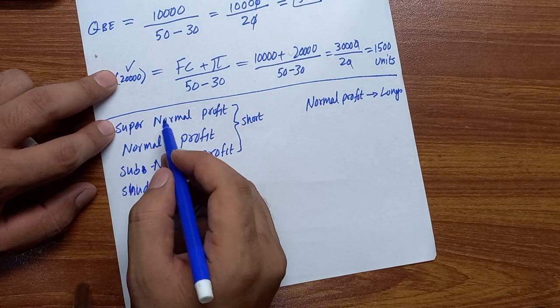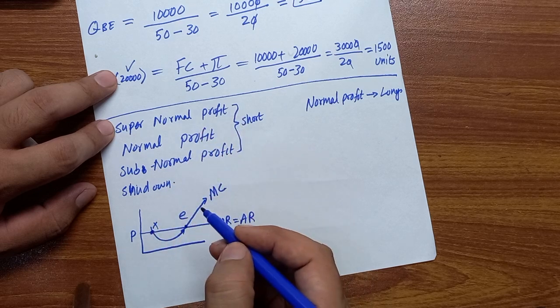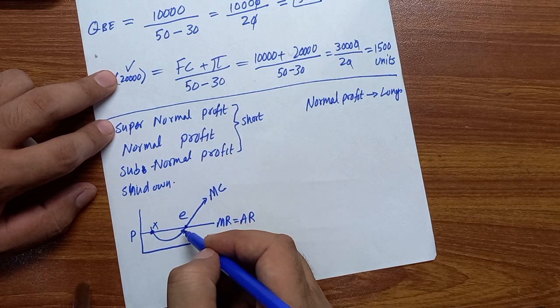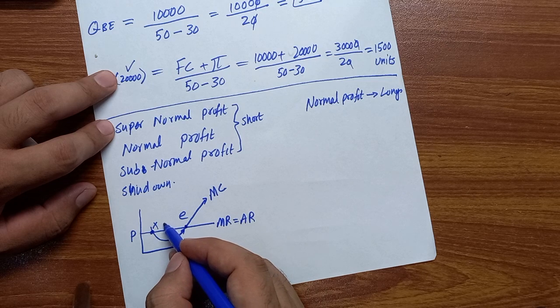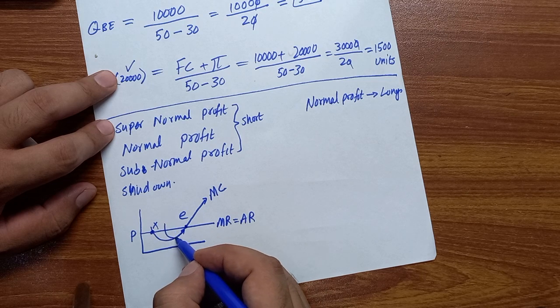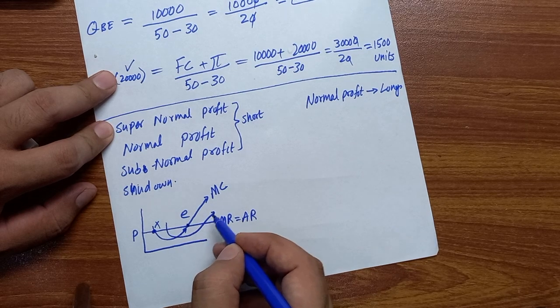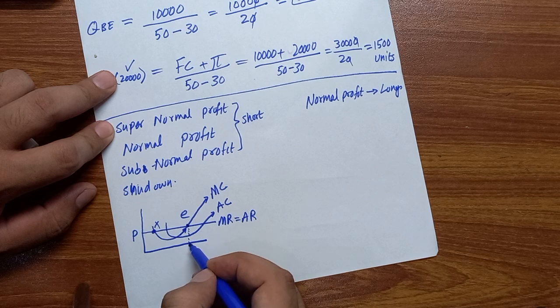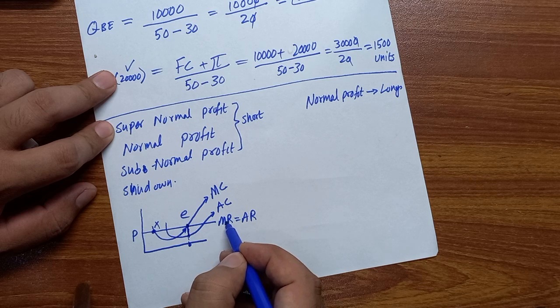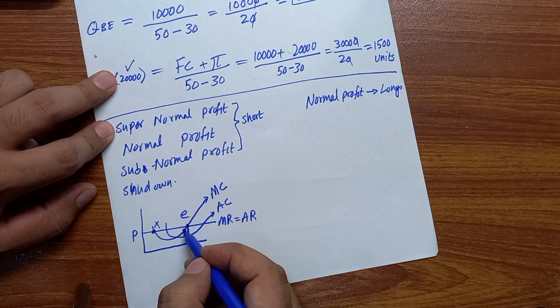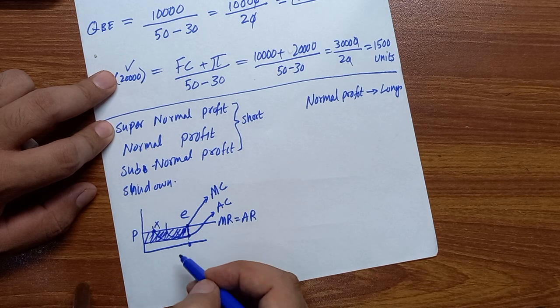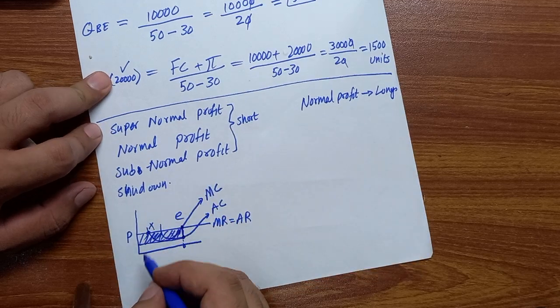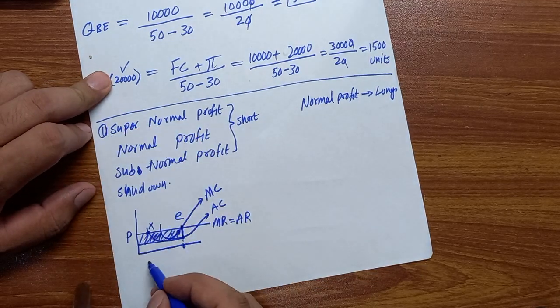In super normal profit, the average cost should be less than MR. Let's say this is the average cost line. The difference between marginal revenue and average cost is our profit. This is super normal profit.